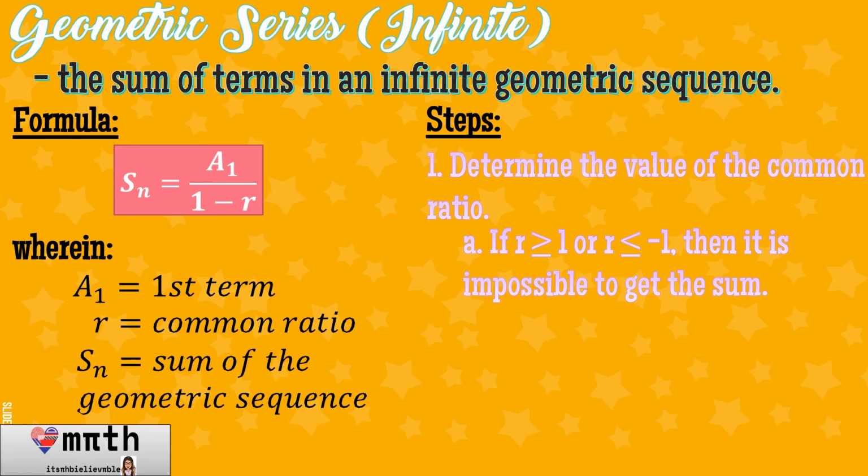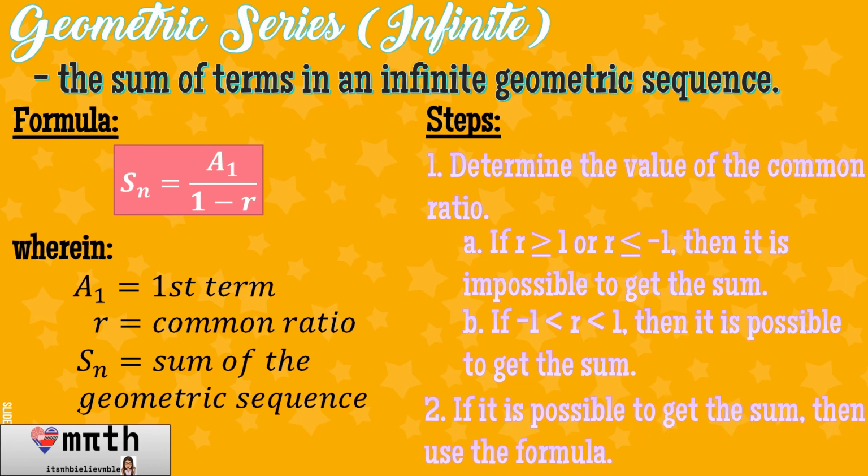Letter A, if your r is greater than or equal to 1, or your r is less than or equal to negative 1, then it is impossible to get the sum. Now, if your r is greater than negative 1 and less than 1, then it is possible for us to get the sum.